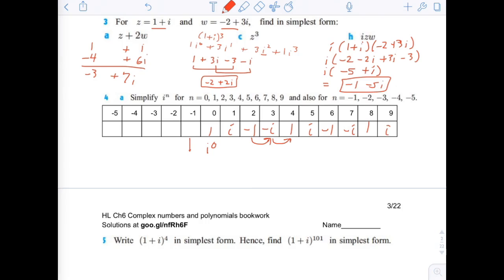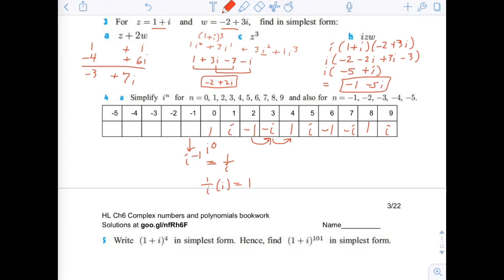So like negative 1, i to the negative 1 is equal to 1 over i. Okay? 1 over i times i is equal to 1, right? Because the reciprocal of something times something is always equal to 1.